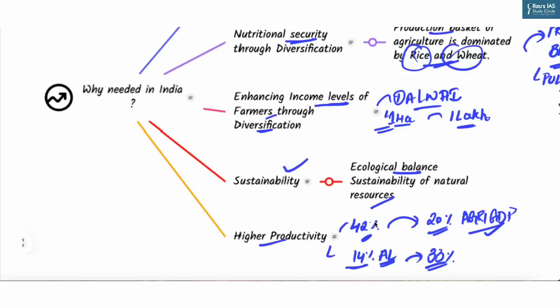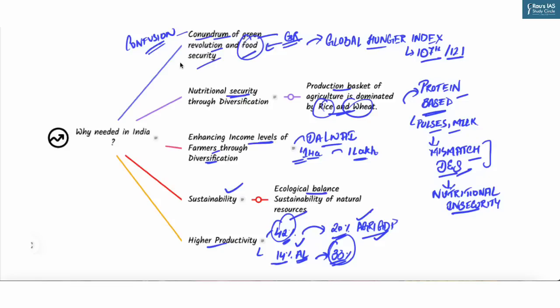So currently the maximum area is occupied by cereal crops, that is 42% of agricultural land. But how much are they contributing? 20% to agricultural GDP. But horticultural crops occupy only 14% of agricultural land and they are contributing 33%. So these are the important aspects which can reflect why we need diversification in India.